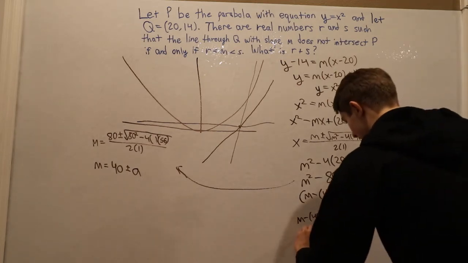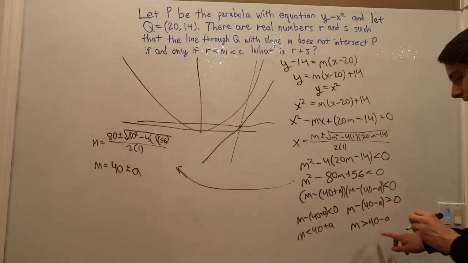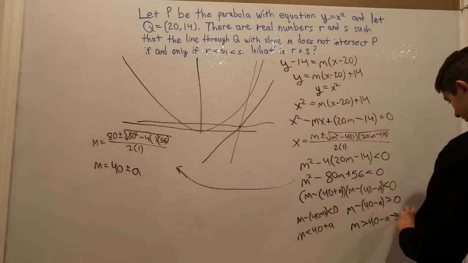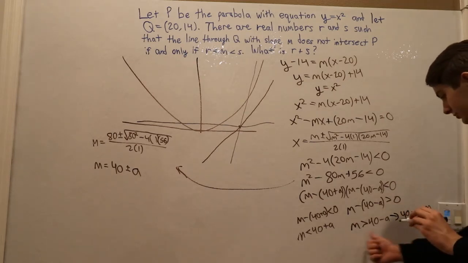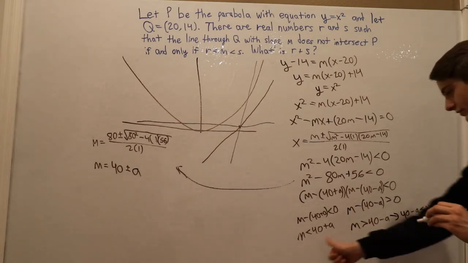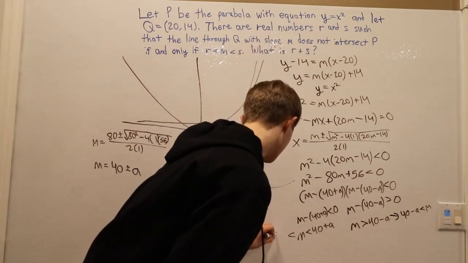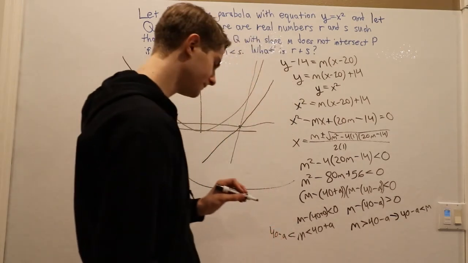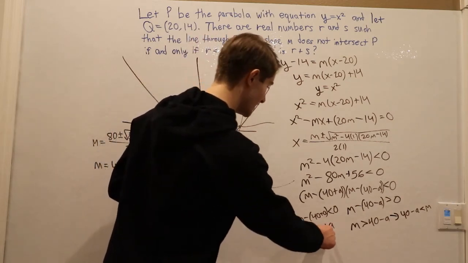And this part, we get m is less than 40 plus a. Now we can write this part as 40 minus a is less than m, just switching these around. And if this is true, then we can use this information for this part of the inequality to put here 40 minus a. And now we have 40 minus a is less than m is less than 40 plus a.